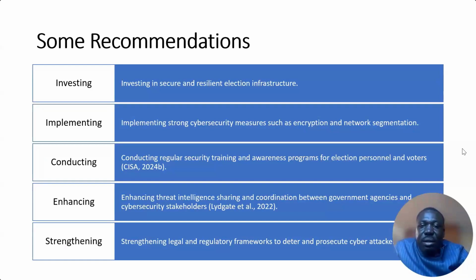Lastly, they need to bolster incident response procedures by developing comprehensive plans and conducting simulations with critical stakeholders, that's state, federal, and local government. These measures also help to fortify our defenses and ensure resilience against evolving cyber threats and safeguard our democracy.